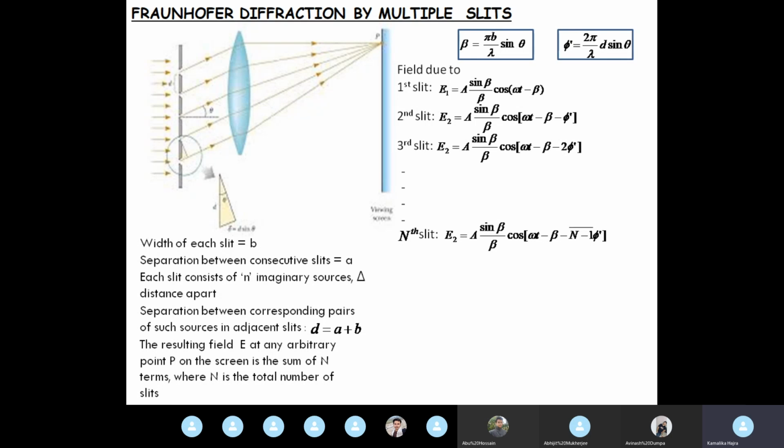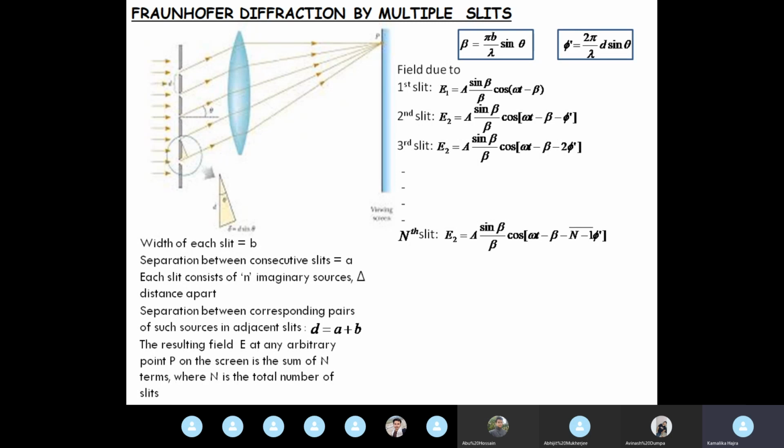Exactly the prescription that we followed for our single slit, only there the fields were due to the light diffracted by each point on a single slit. Here these are beams coming out from each slit out of the capital N total number of slits that we have.